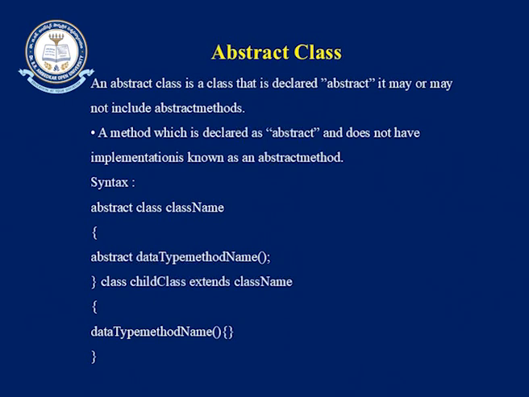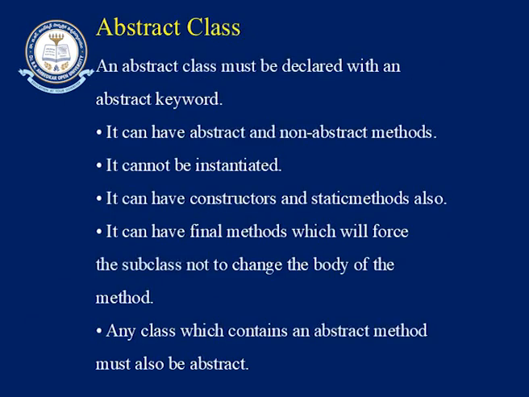Here one syntax is given: abstract class, class name, where I am writing the abstract methods. The new child class which you create can extend the properties of the base abstract class. An abstract class must be declared with the abstract keyword, and it can have abstract and non-abstract methods.